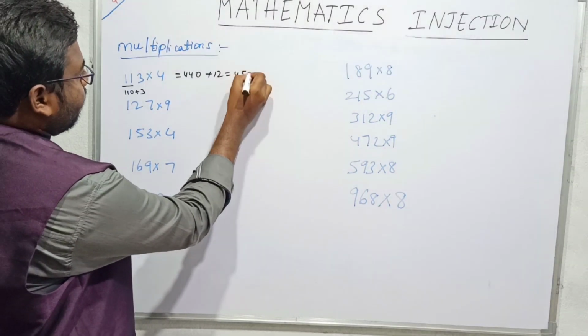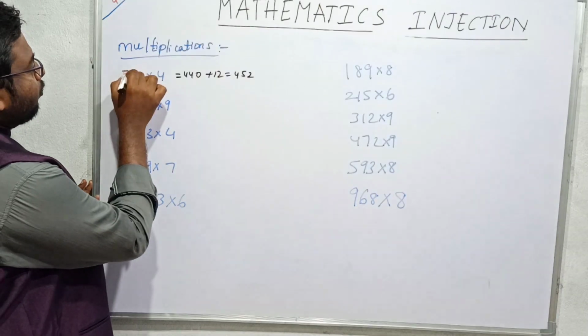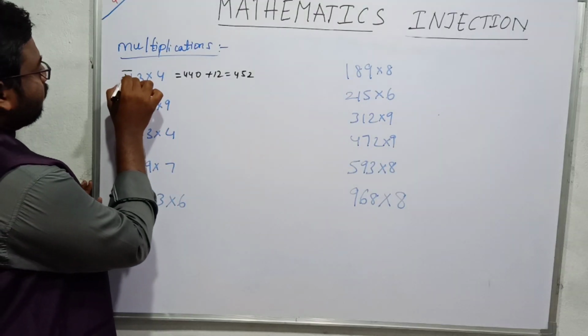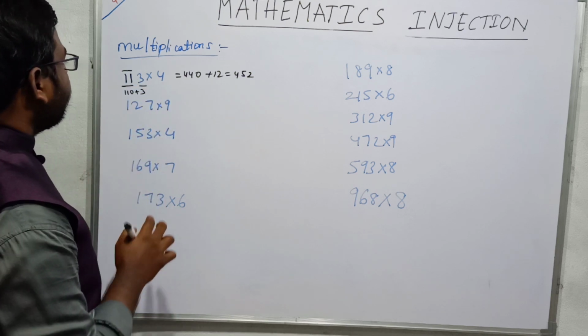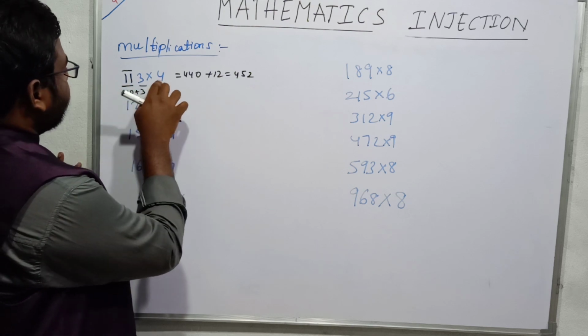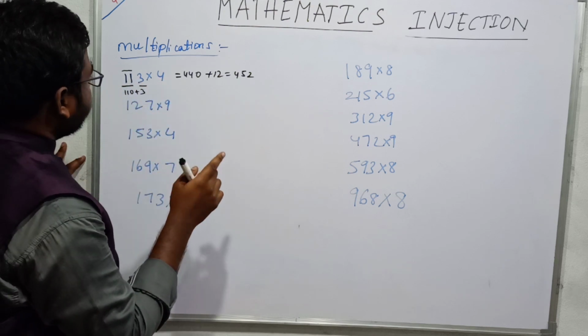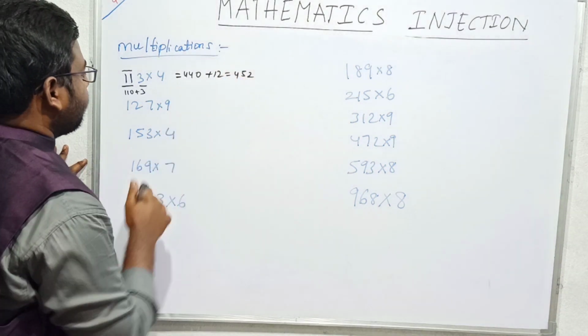So 452. This is the method. That means I am grouping this 2-digit as 1 unit and 3 as 1 unit. What I will do next, as it is, 4 11s are 44 and 4 3s are 12. 1 in 12 will be added to 44. This is 45, and 2 in 12 will be our unit digit.